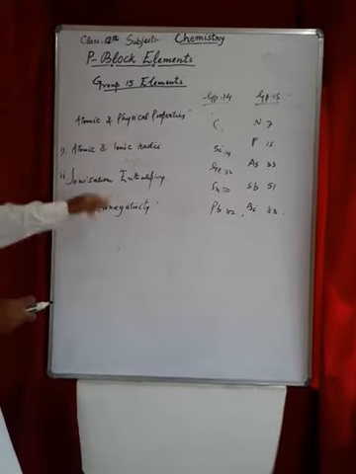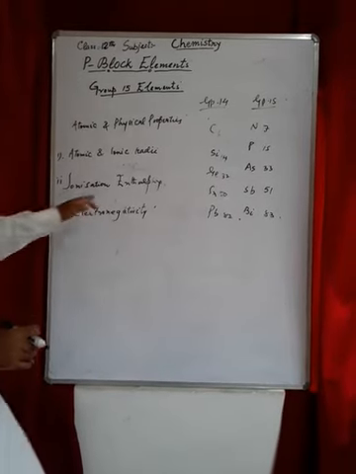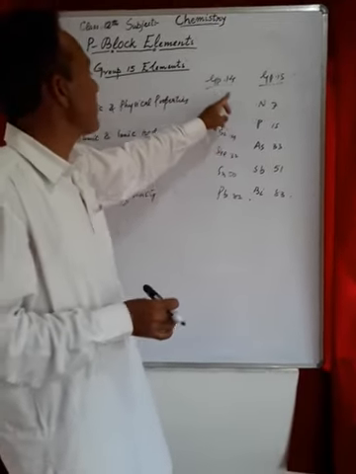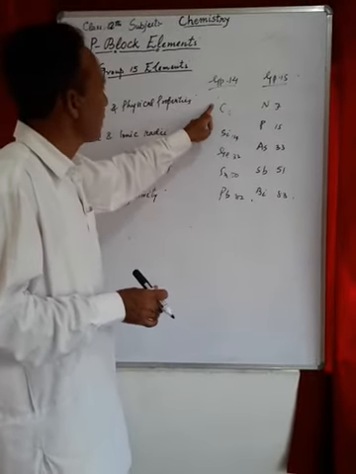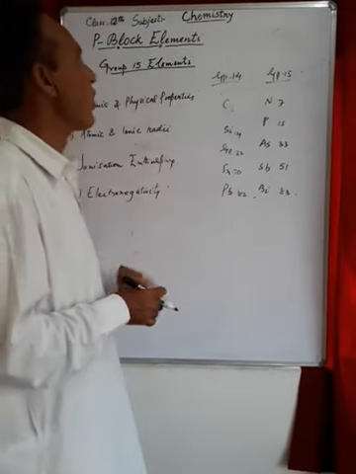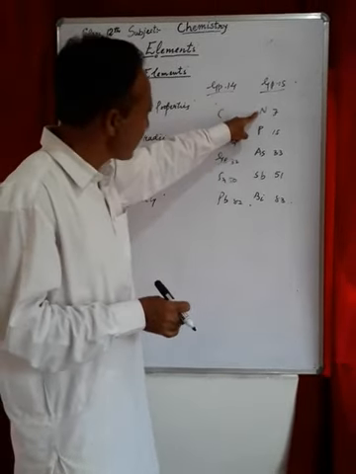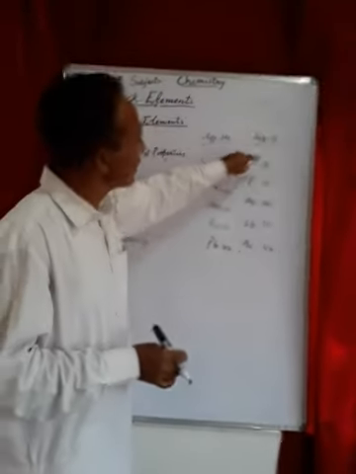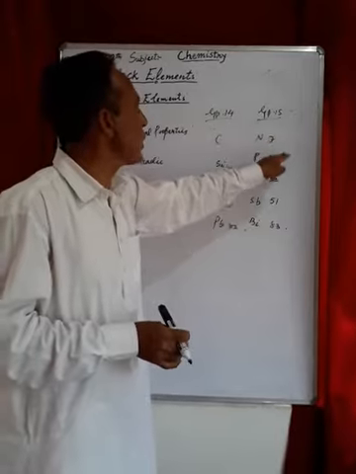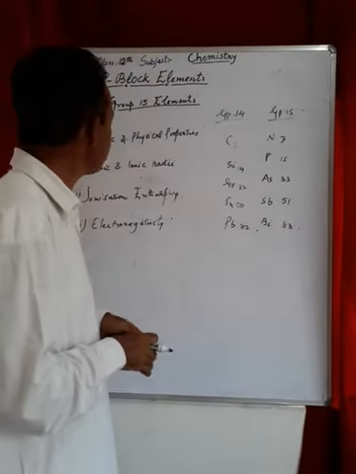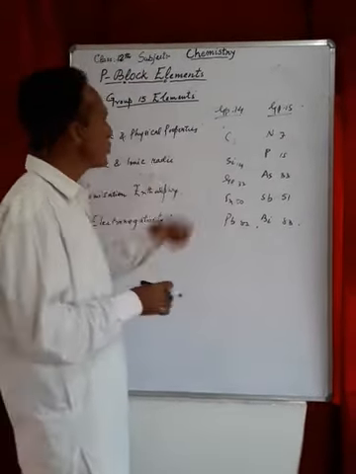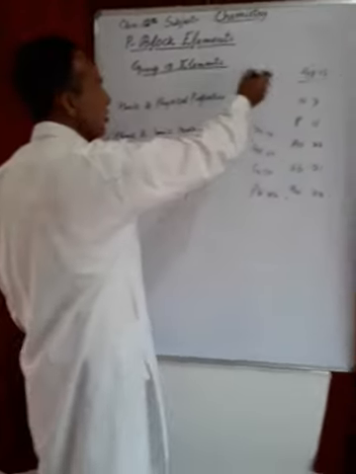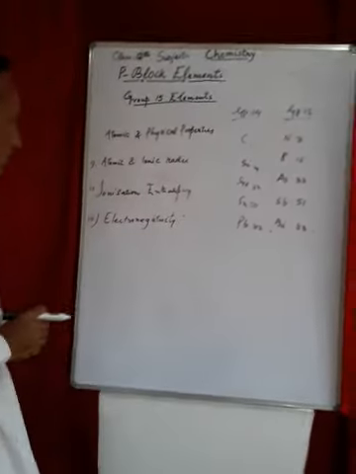Now, ionization enthalpy. The ionization enthalpy of the group 15 elements is higher as compared to the corresponding elements of group 14. This is because of their smaller size and their stable electronic configuration in which their outer p orbitals are half-filled. So when we remove the electron, we have to supply more energy as compared to the corresponding group 14 elements.